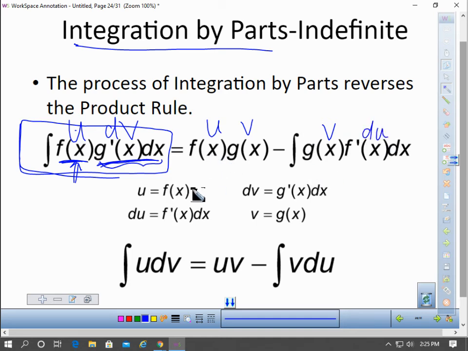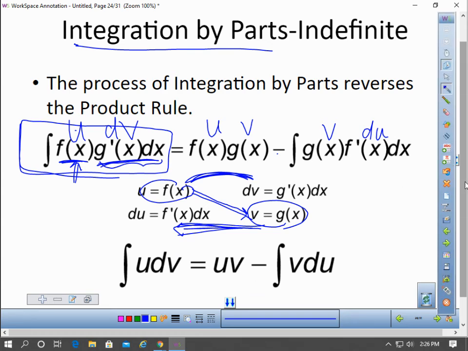It becomes this times this, u times v, minus the integral of this times this. Your integral of these two things equals this part times this part minus the integral of these two things.